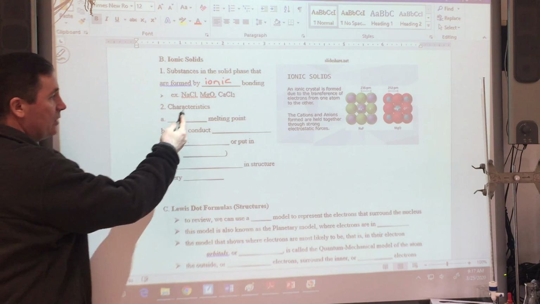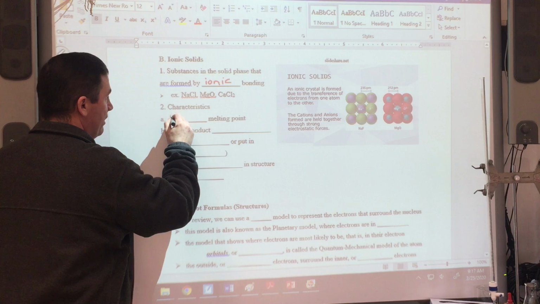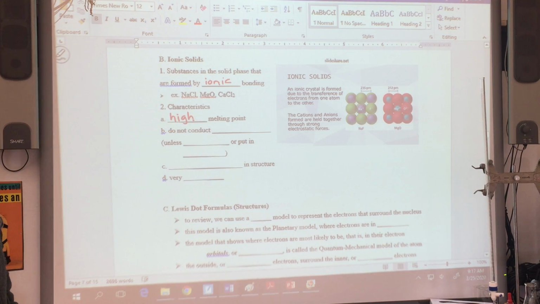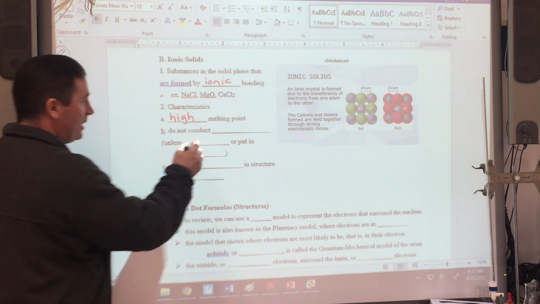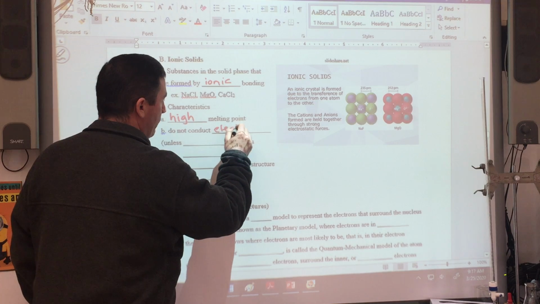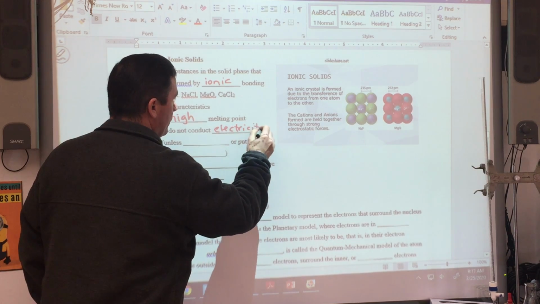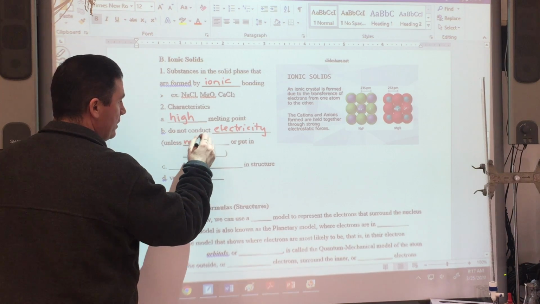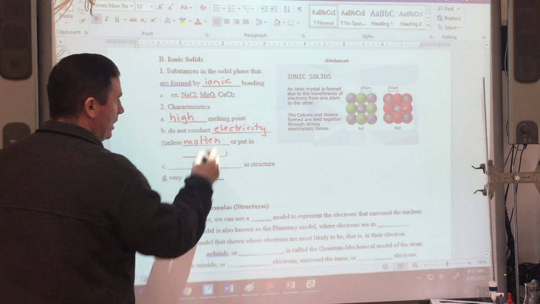There are characteristics that you have to know too. They have very high melting points, sometimes in the thousands of degrees Fahrenheit. They do not conduct electricity, just as a solid. However, unless we say it is molten.